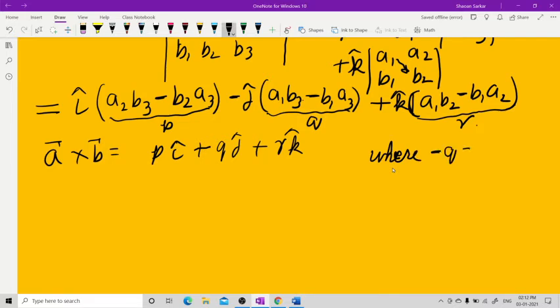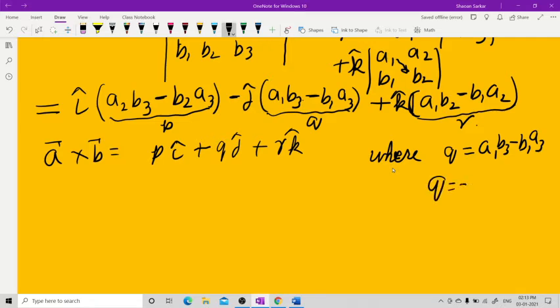minus Q is the same as this. Let me first explain this properly. Q is A1B3 minus B1A3. Fine. Now let me take the minus sign out.